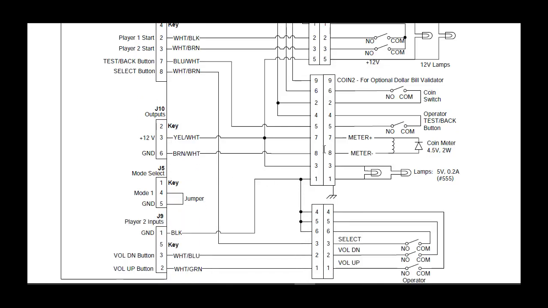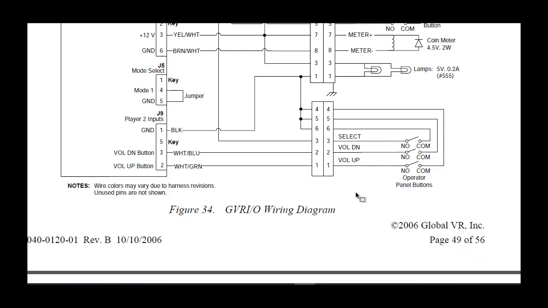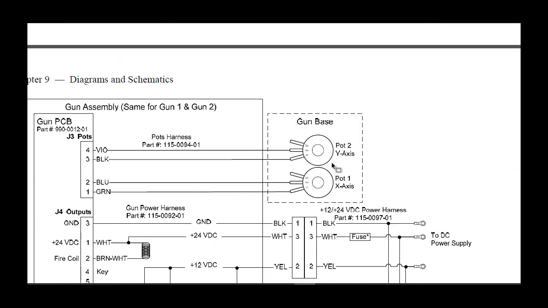J10, the meter. As we said, it's not used. J5 is not used. It's a jumper. Oh, sorry. J9 is the main menu button.